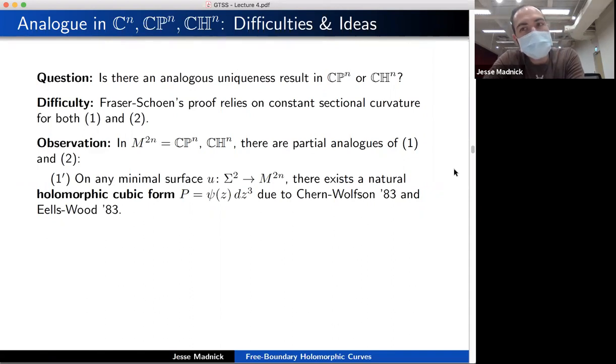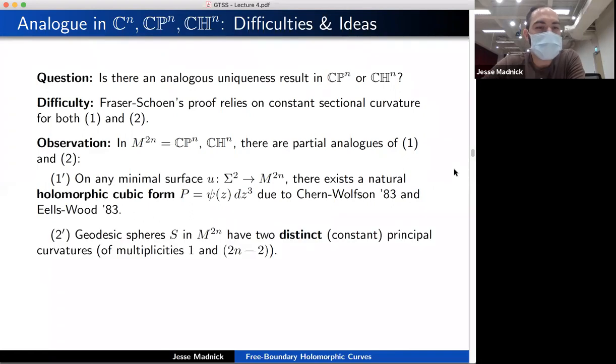This holomorphic cubic form P relates not just to the second fundamental form, but also to what's known as the Kähler angle of your minimal surface. So basically, is your minimal surface a holomorphic curve? Is it more like a Lagrangian? It relates to what's called the calibration angle or the Kähler angle. So it's not quite the same sort of information in this holomorphic cubic form.